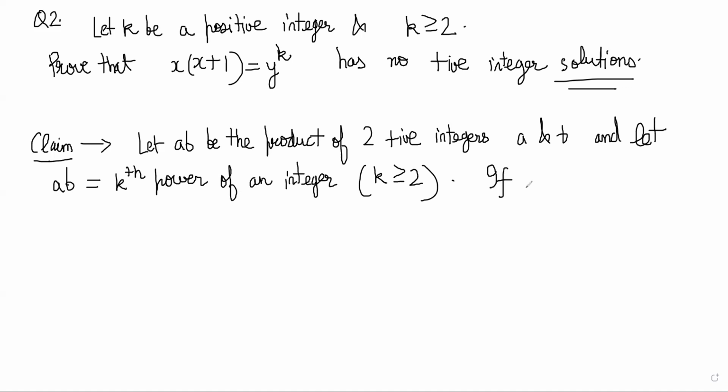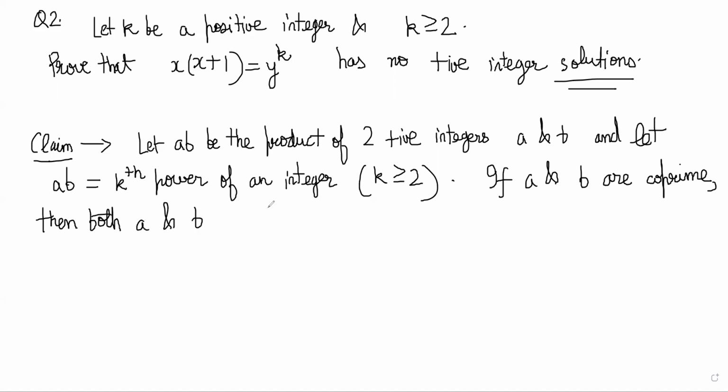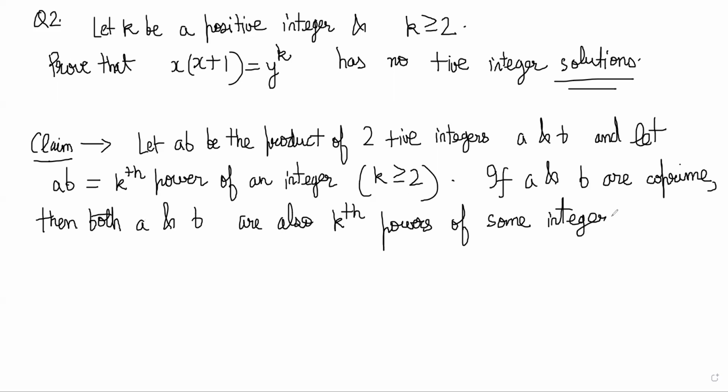We are saying if A and B are co-prime, their GCD is 1, then both A and B are also kth powers of some integers. That is the claim. If A and B are co-prime and the product of A and B is the kth power of an integer, then both A and B will be the kth powers of some integer.